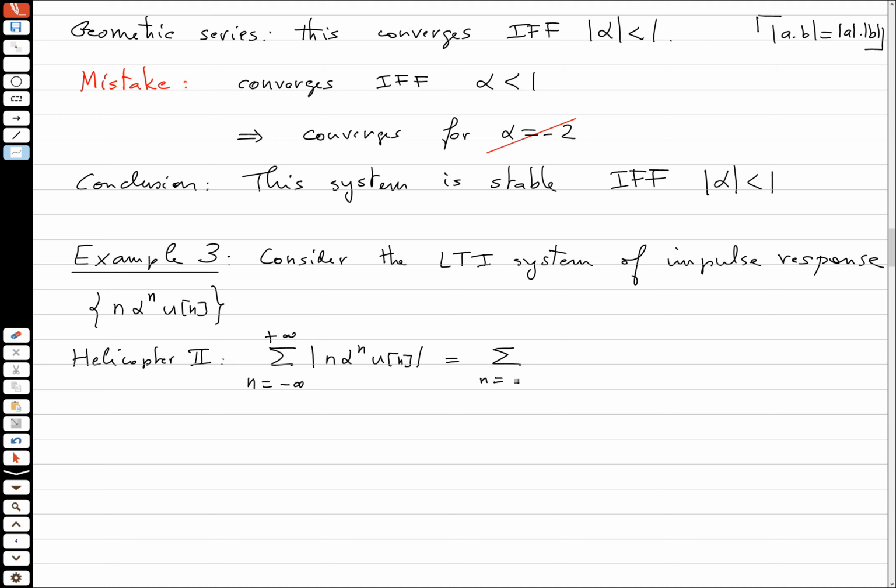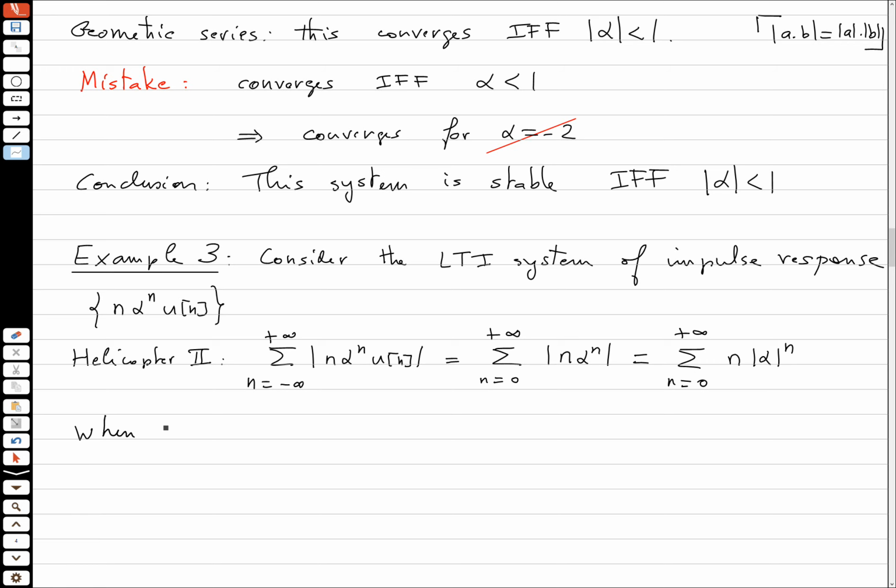Again, no need to sum from minus infinity. You can start from 0 and then you get this. And that is just this, right?